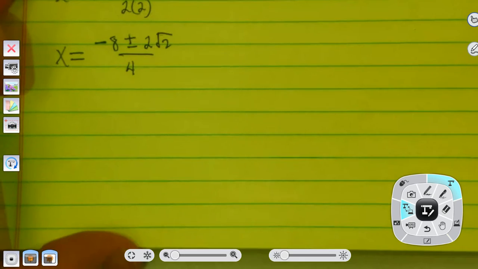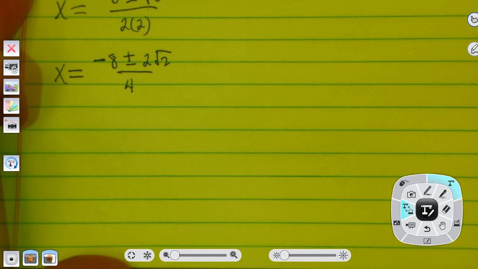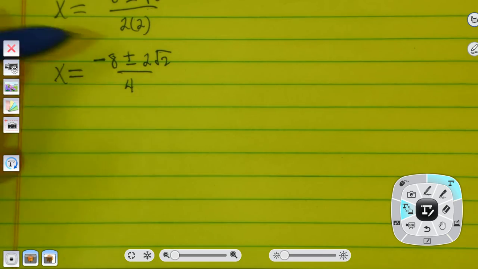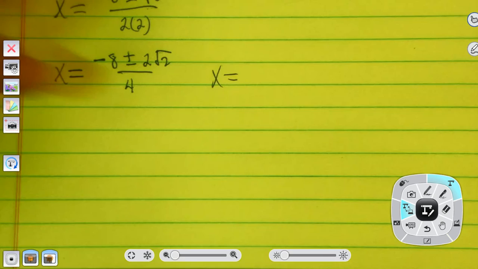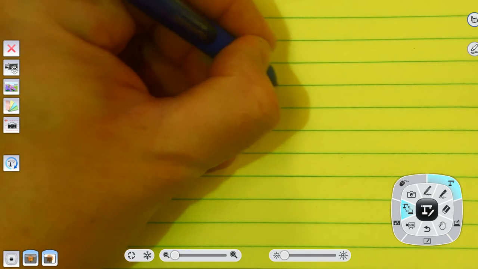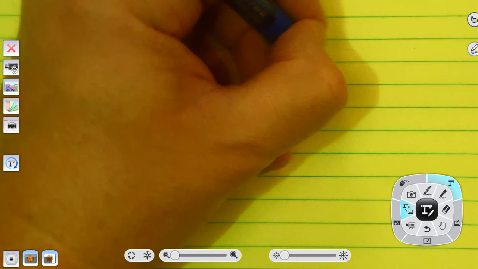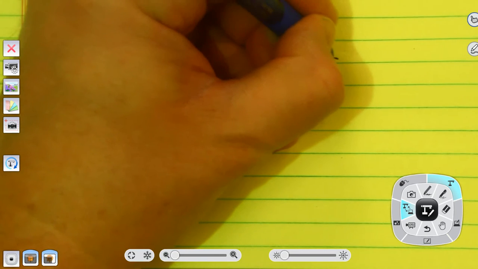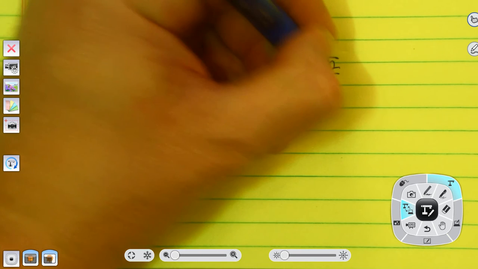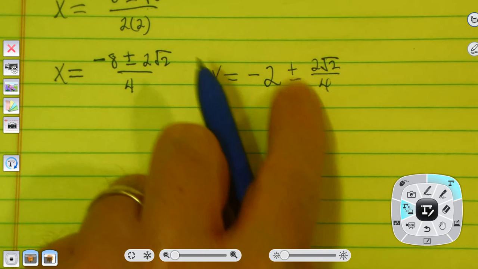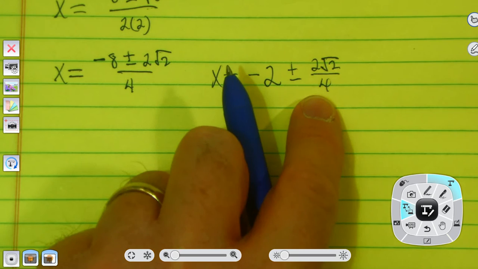A radical answer can be broken down into 2 ways. We could say a negative 8 divided by 4 is a negative 2 plus or minus 2 radical 2 over 4. And we can't leave it that way. That fraction has to be reduced. That's 2/4.